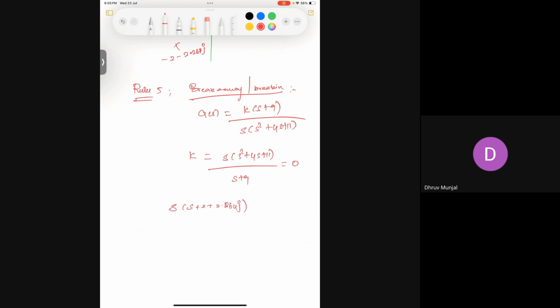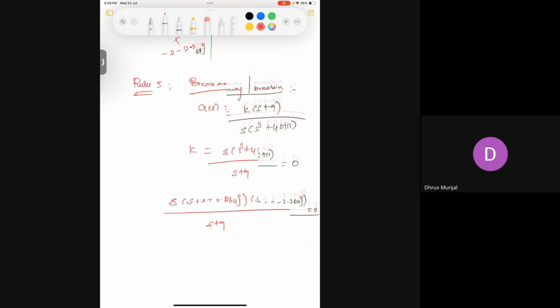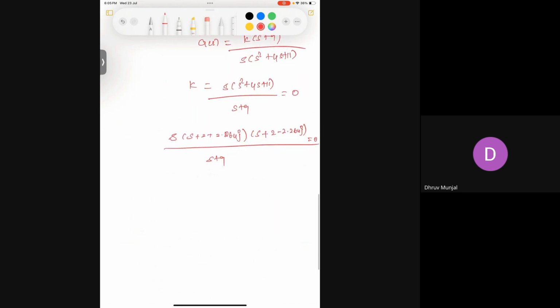If I make any mistakes, please let me know. This s plus 9 will go to 0, only this will be there. Is it right?